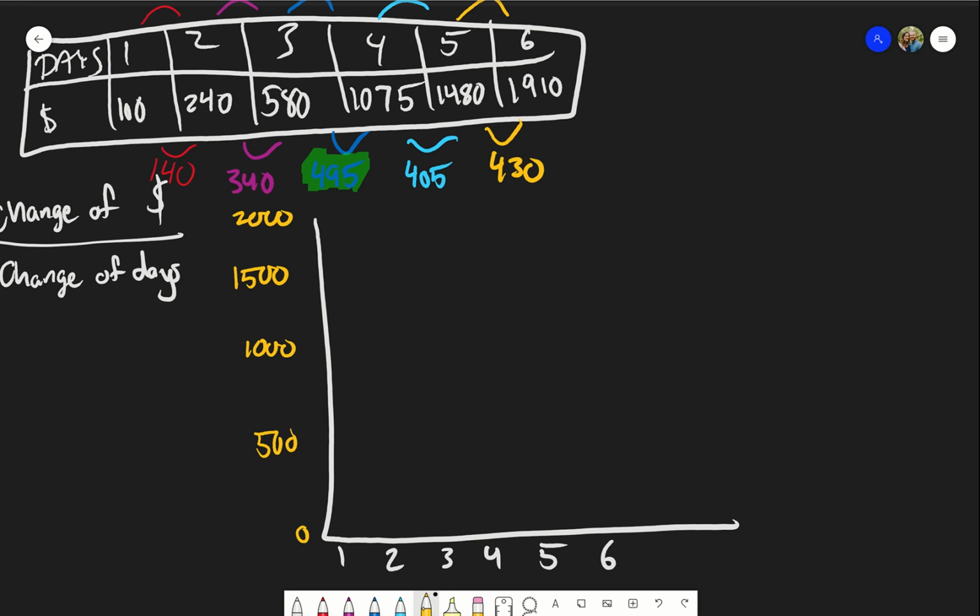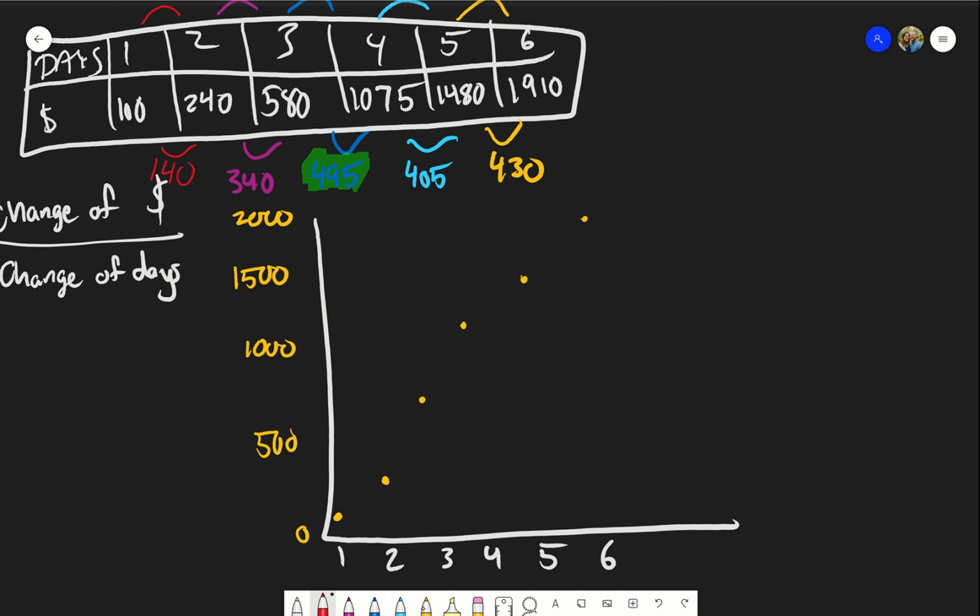Okay, day 1, we were real low at $100. Day 2, we were about halfway through. Day 3, we were right about here. Day 4, we were over $1,000. Day 5, we were under 1,500. And day 6, we were almost up to 2,000.